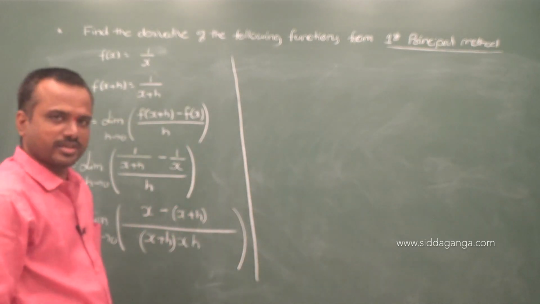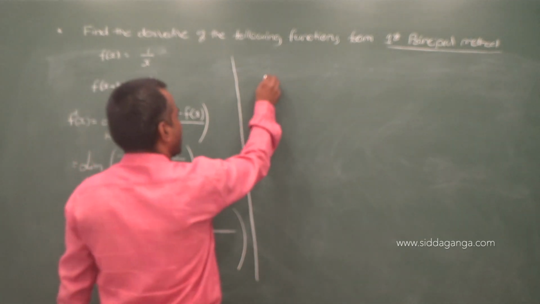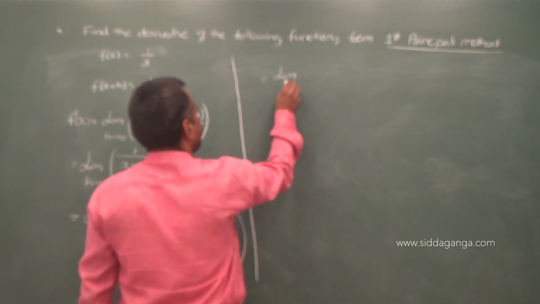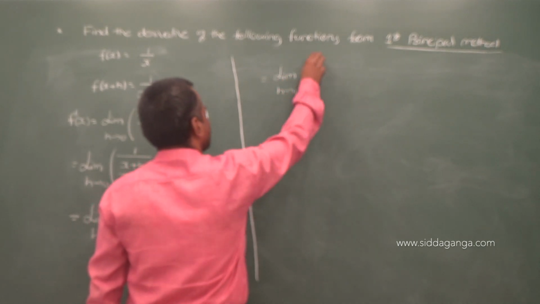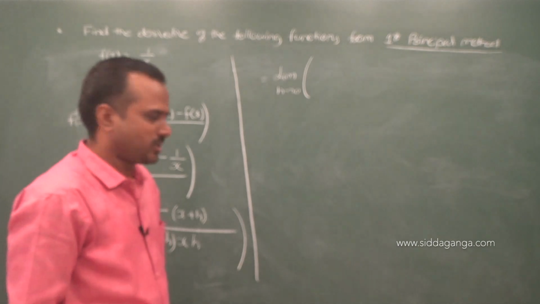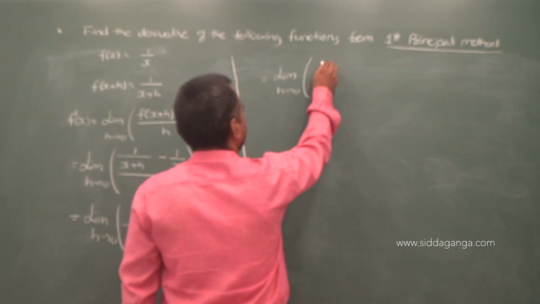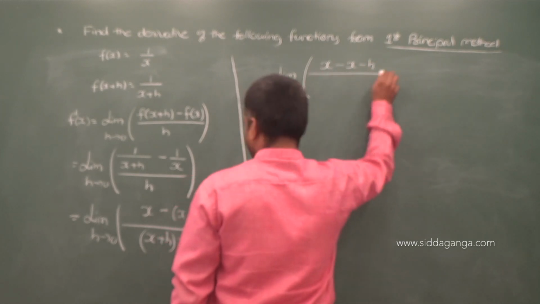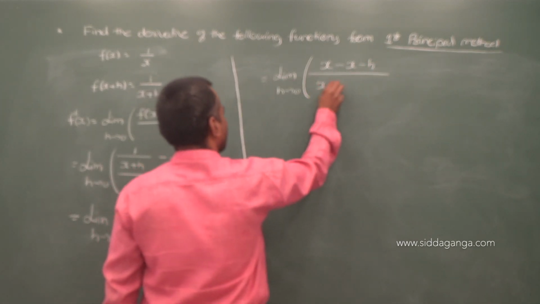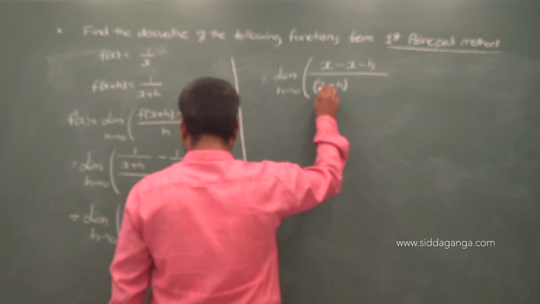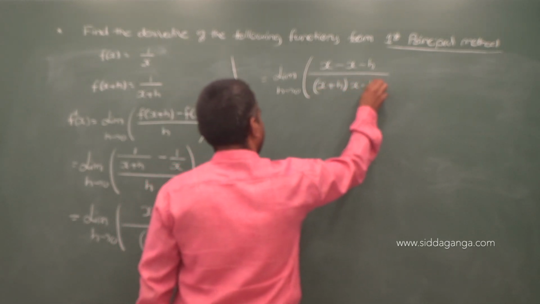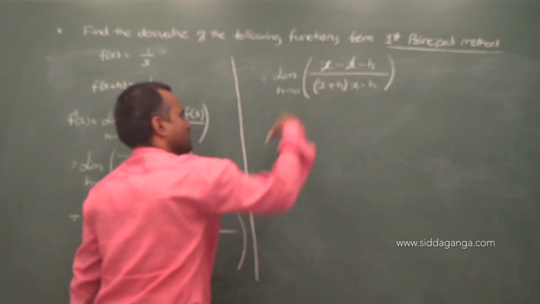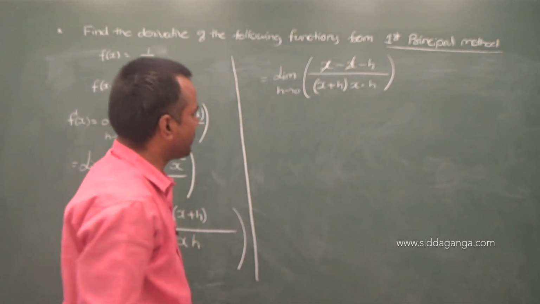That is equal to limit h tends to 0, (x minus x minus h) divided by, keep as it is, (x plus h) into x into h. Plus x minus x, it will cancel.